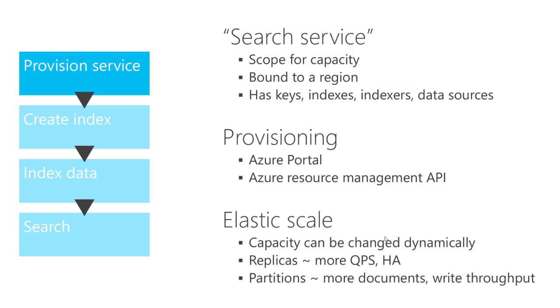It has also elastic scale capabilities like any other Azure services, and you can scale this capacity for query and index workloads by modifying replicas and partition values. A replica is a copy of your data that allows Azure Cognitive Search to load balance requests against the multiple copies.